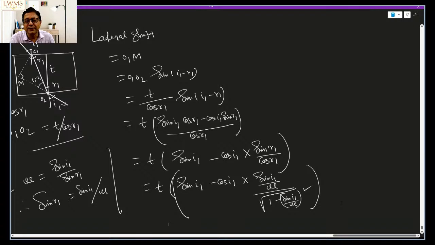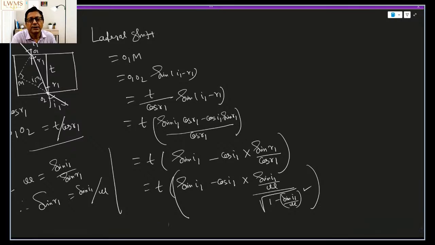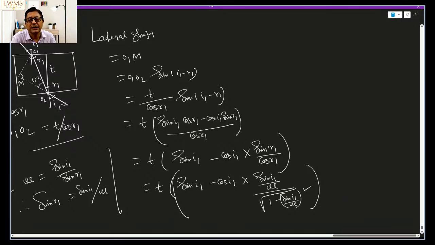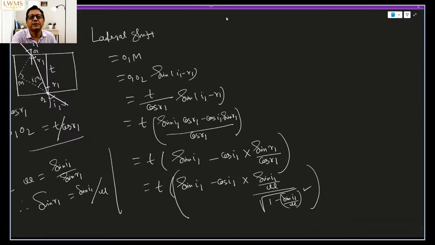If you go on simplifying it, this LS or lateral shift, finally I am writing LS.